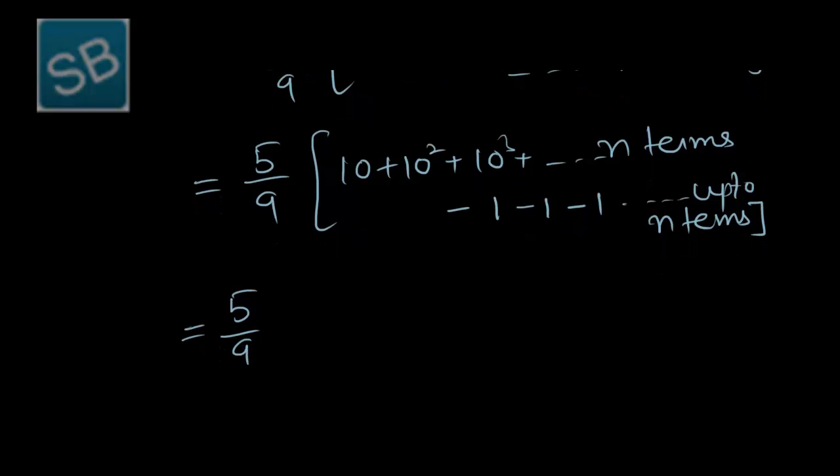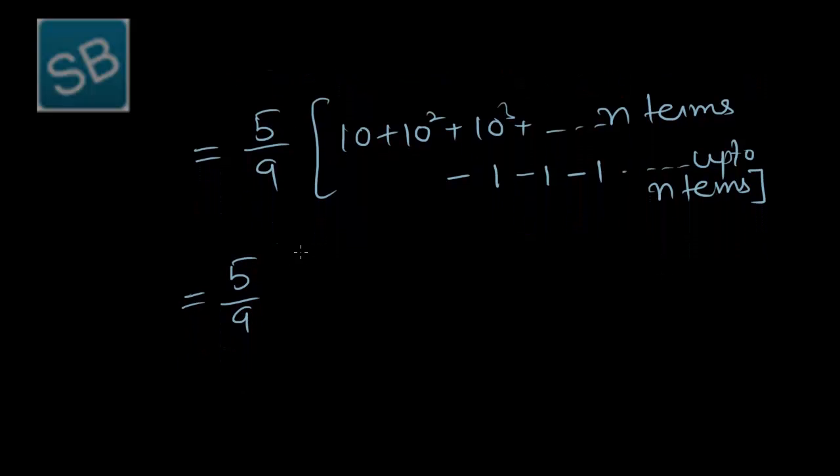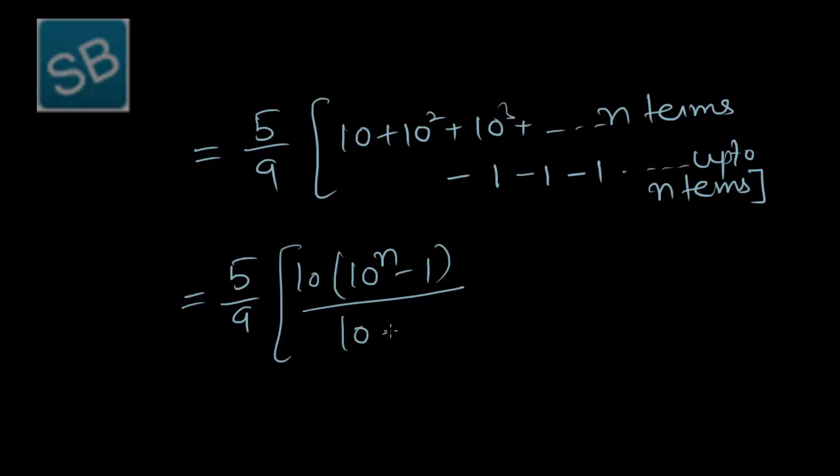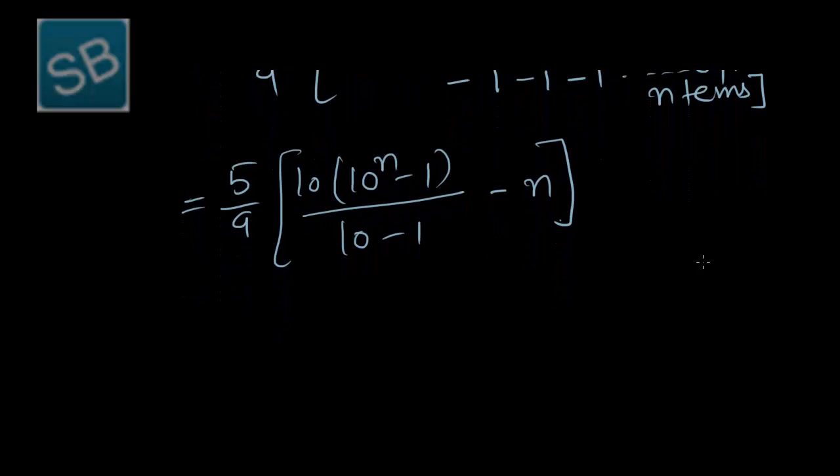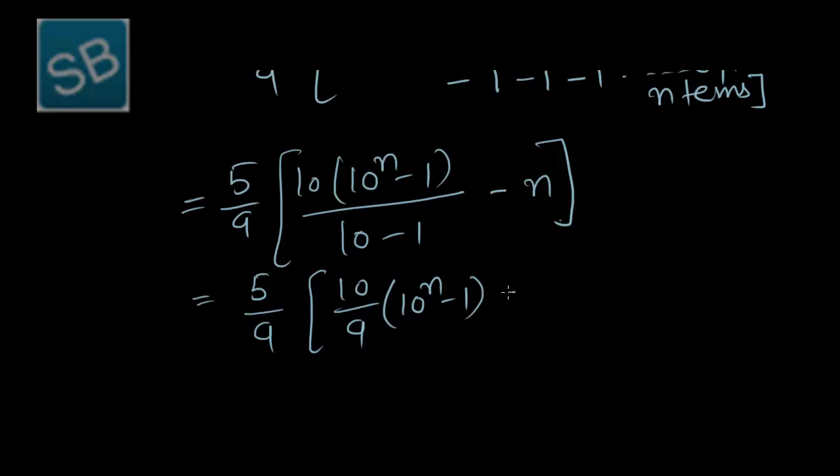So we get 5/9 [a(rⁿ - 1)/(r - 1) - 1 into n, that is n]. So we get 5/9 [10/9 (10ⁿ - 1) - n].